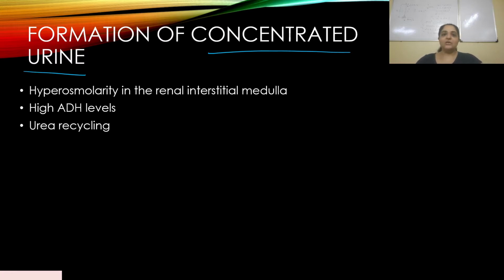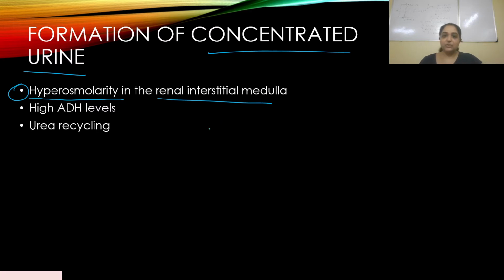Now how does a concentrated urine form? The formation of concentrated urine includes hyperosmolarity in the renal interstitial medulla. This is one way in which a concentrated urine is formed. There's a hyperosmolar region in the renal interstitial medulla.